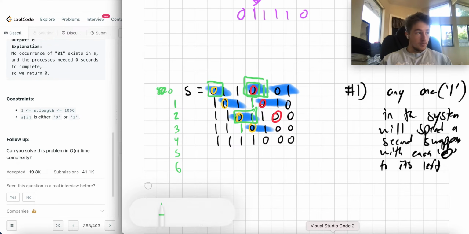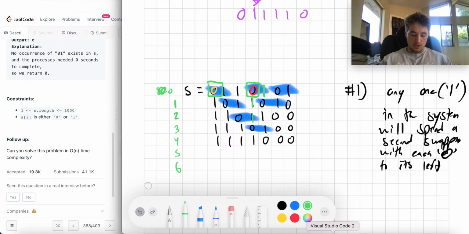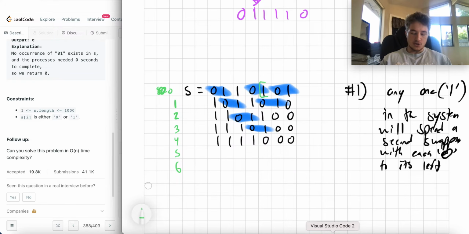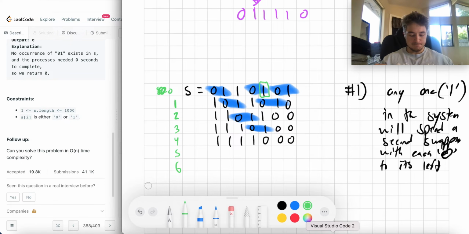This one had 2 0s to its left, and it took 2 seconds to swap with those 0s, because it had to spend a single second swapping with each of those 0s individually.